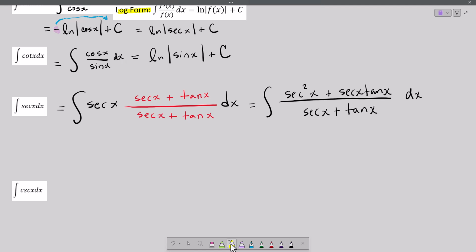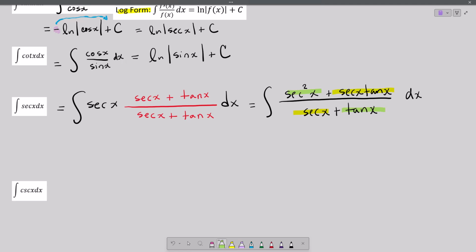All right, first let's look at secant x. You just told me its derivative is secant tangent, right there. Okay, what's the derivative of tangent? Secant squared, yeah. It's in log form. That denominator's derivative is the numerator. So now it is in log form.